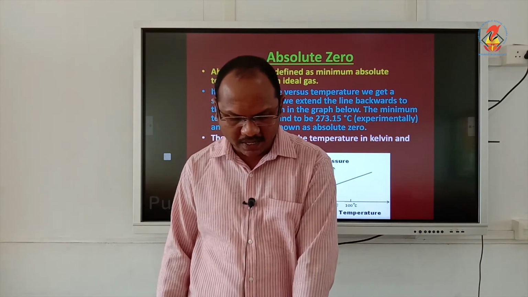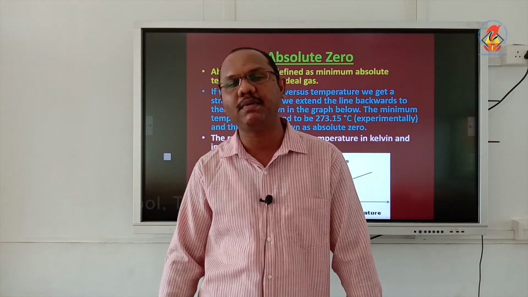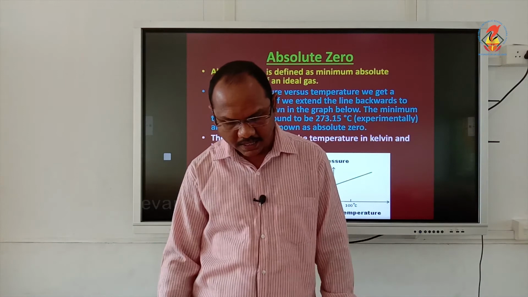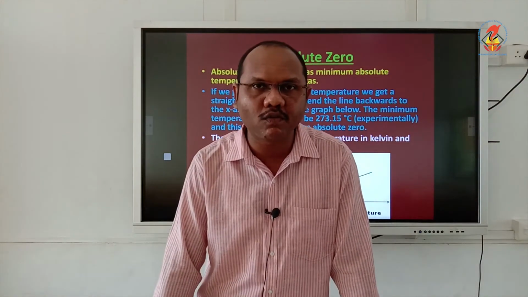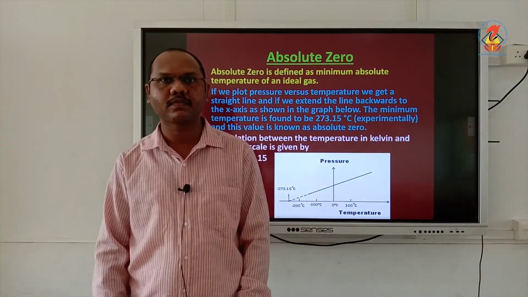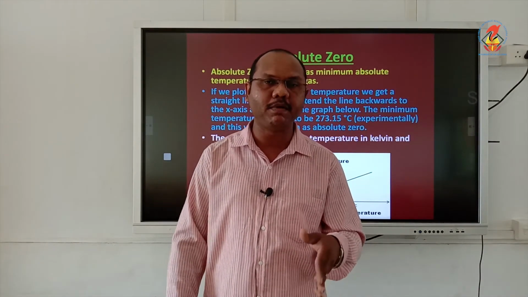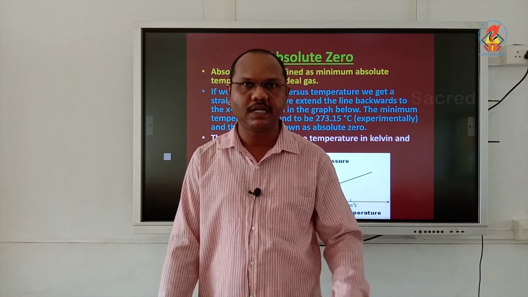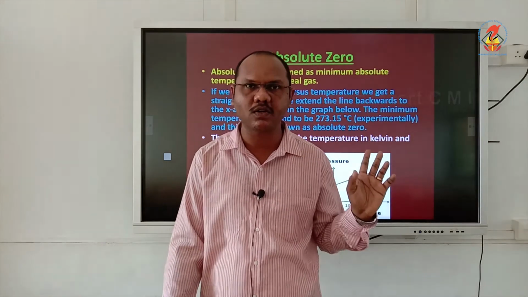For the triple point of water, the pressure is 0.46 centimeter of mercury, and the temperature is 0.01 degrees Celsius. So please note down those values. That is the triple point of water. It is the pressure and temperature at which all three states of water coincide.